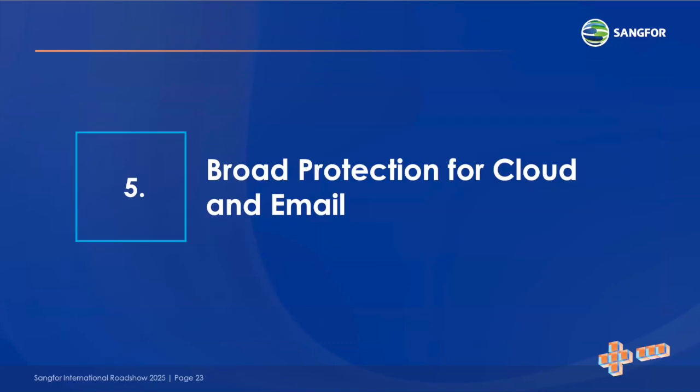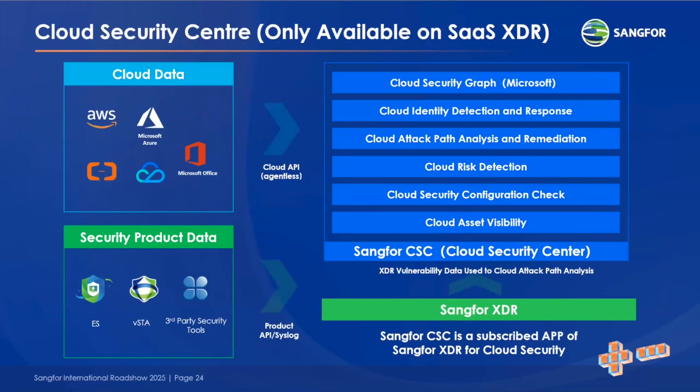Okay, and the fifth part is about the cloud and email. So how to understand this? Some customers have their assets on Google Cloud, Amazon Cloud, and they are using the Microsoft email. Okay, so on the cloud part, what we can do is a CSPM. We can support Azure, Google, and the major cloud vendors.